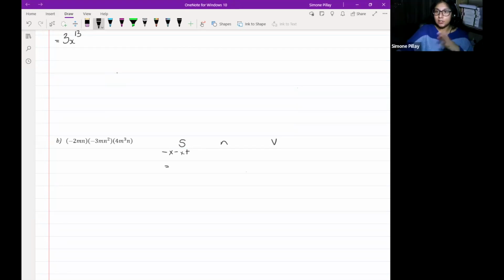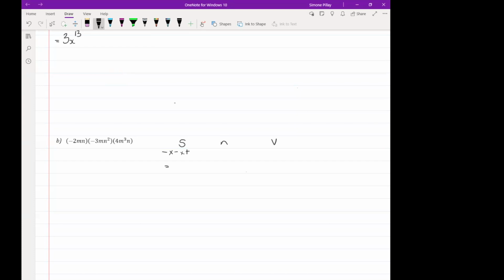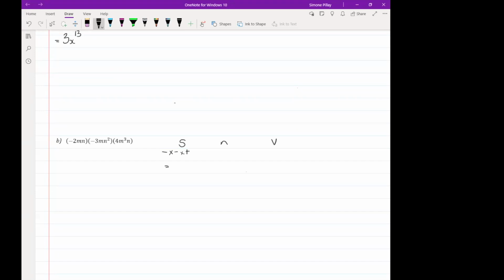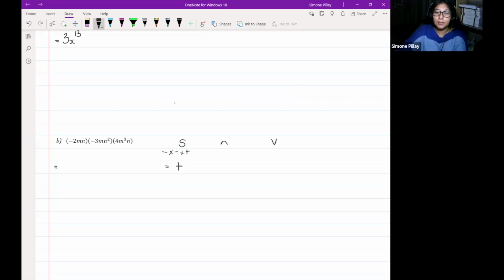No. So let's do SNV. We're dealing with my signs only. Look at what I've written on the notes. We have a negative times a negative gives me what? A positive. And then I have a positive times a positive, which will give me what? A positive. So I know my answer is going to be a positive answer.